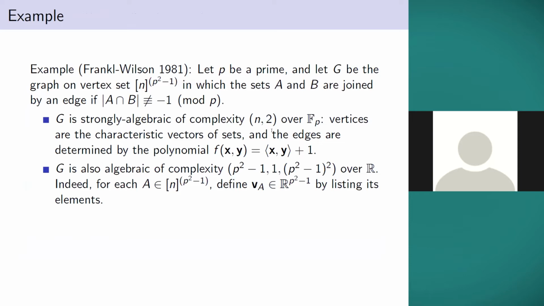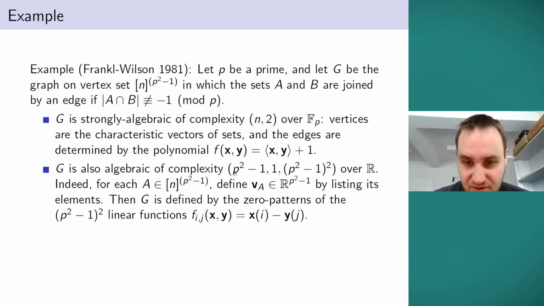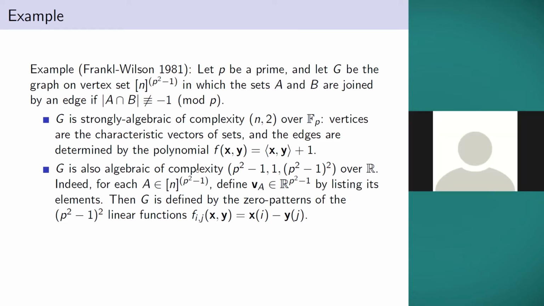Yeah, this one. Okay. So these are just 1-degree polynomials. We live in a p^2-1 dimensional space, and the number of functions is this. Okay, now I see. Yeah, great, thanks.